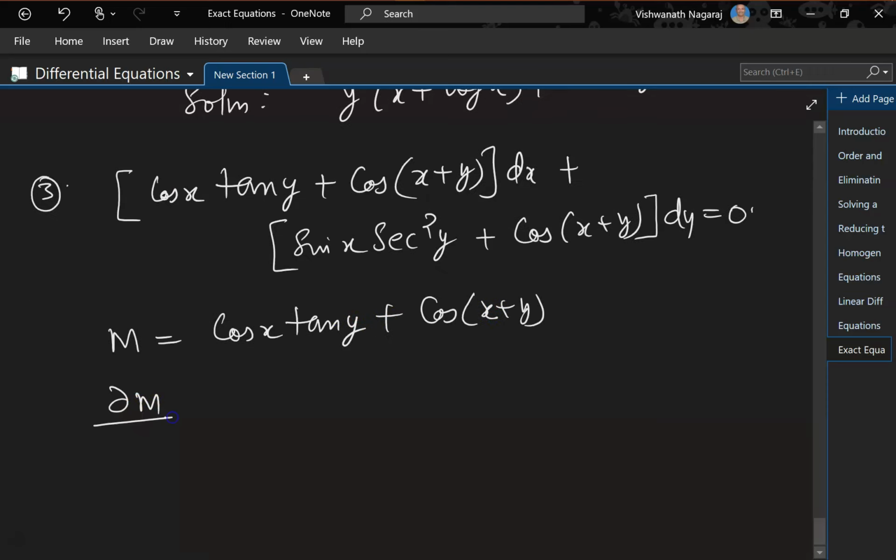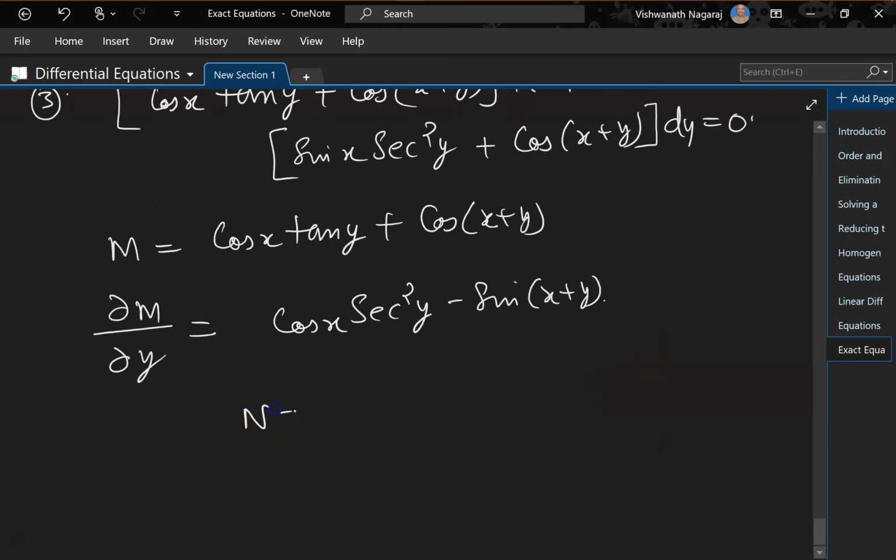So ∂M we have to verify. ∂M/∂y is equal to cos x sec² y plus, cos will be minus, so minus sin(x plus y).